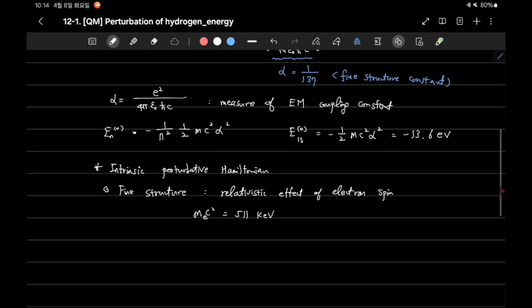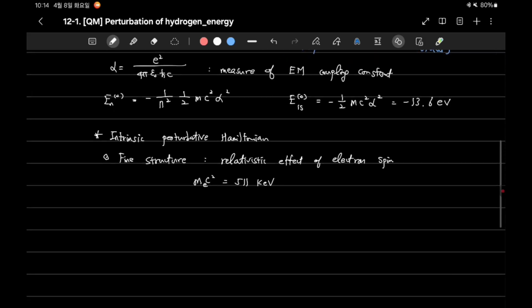Then the electronic motion around the nucleus, although small, cannot be ignored relative to the speed of light. So this fine structure comes from the relativistic effect of the electron, the very fast moving particle.